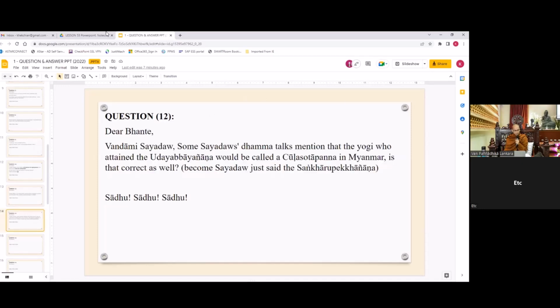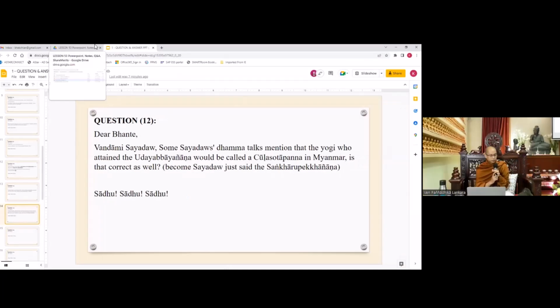Okay, then the next question. Some Sayadaw's Dhamma talks mention that the yogi who attains Udayabbaya Nana would be called a Chula Sotapanna in Myanmar. Is that correct as well? Sayadaw just said Sankharupekkha Nana.